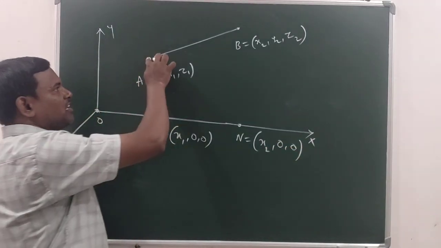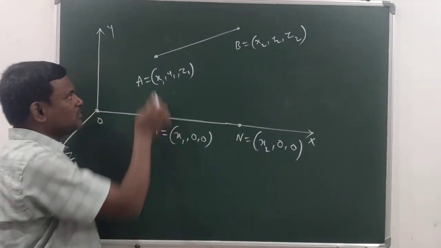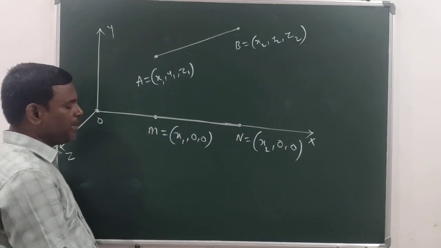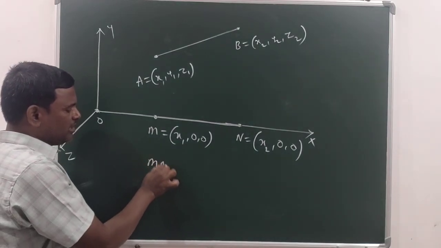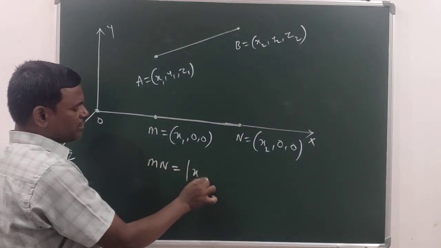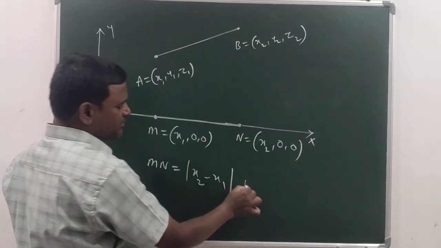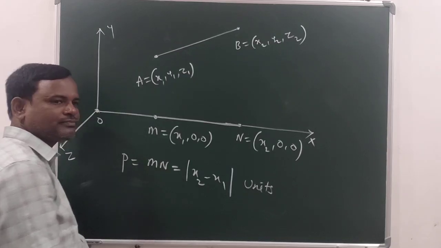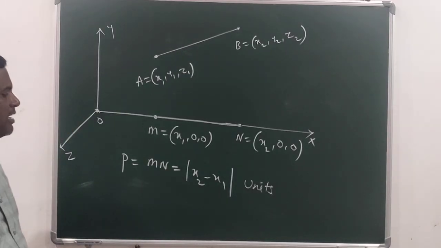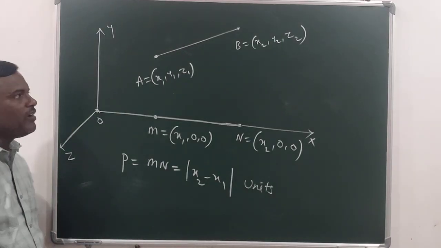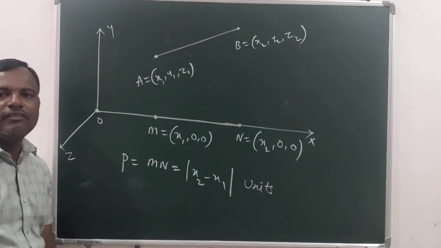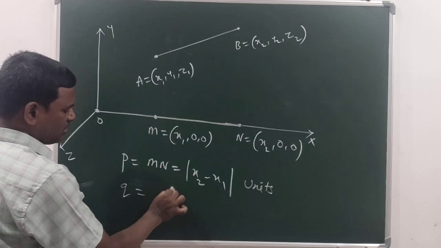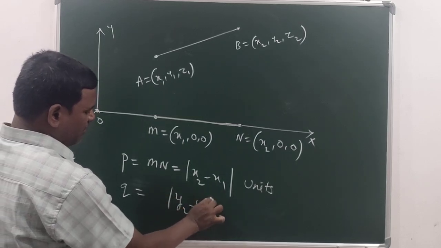Now, the projection of this line on the x-axis is what we have calculated. Measure the distance between M and N: the distance from M to N is mod of x2 minus x1 units. Let it be P. In the same manner, find the projection on the y-axis, let it be Q. How much do you get, students? y2 minus y1 units.